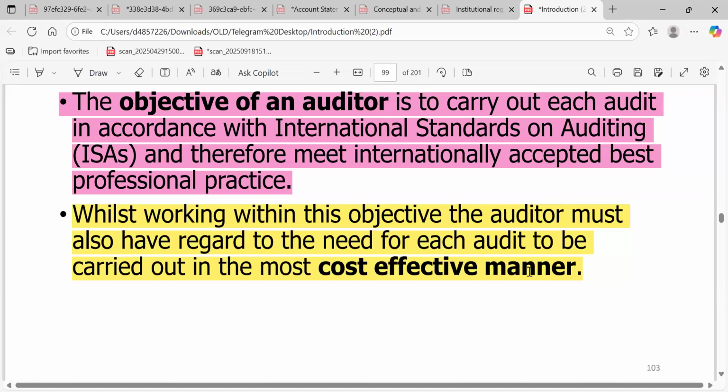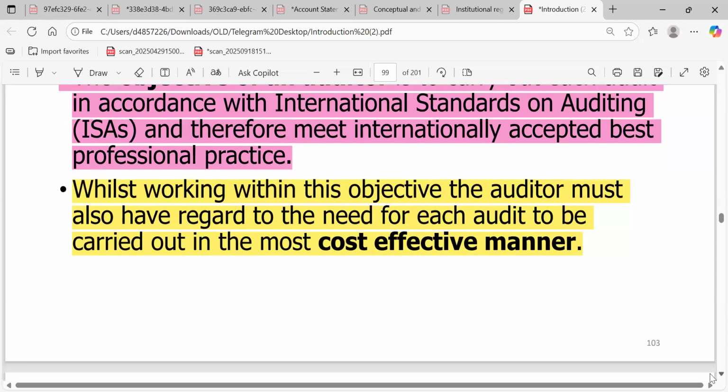So there must be value for money in whatever he's doing. There could be certain evidence that he might need to gather by using some very expensive means to gather that evidence. If he can use a cheaper means to get the same evidence, then it is better he use what? The cheaper means. That's why we say what? The most cost-effective manner.